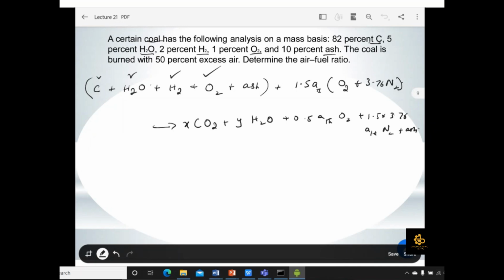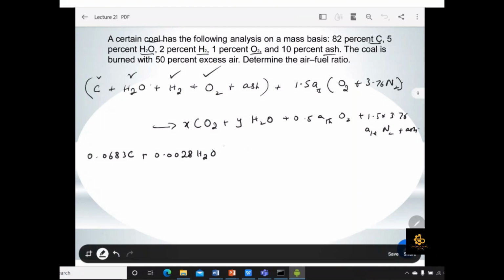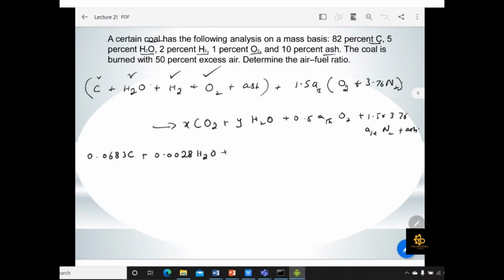Okay, so if I put in the values, it will become 0.0683 carbon, which we already found in the previous slide, 0.0028 H2O, plus 0.01 kilomole H2 plus 0.0031 O2 and plus ash.